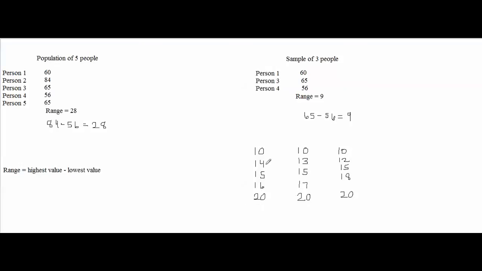Now, if the amount of dispersion is going up as we go from left to right, you might think that the range should go up from left to right. And let's see what happens. The range is just the highest value minus the lowest value. The highest is 20, the lowest is 10. If we subtract 20 by 10, we get 10.